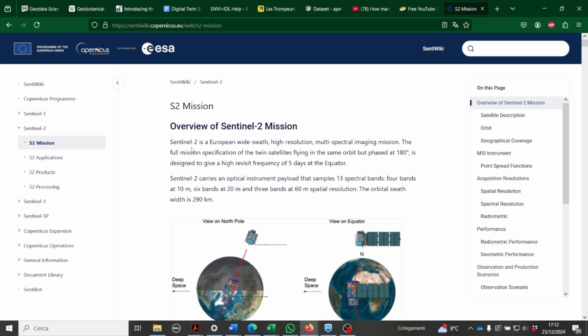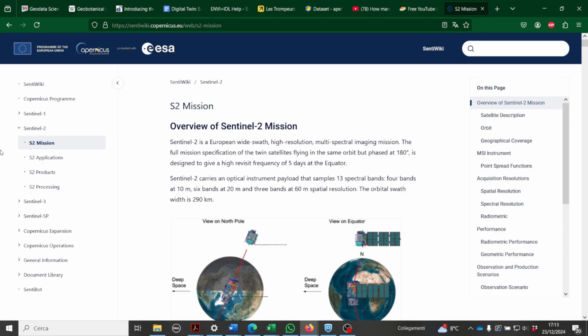And you see here we are going to the Sentinel-2 mission. I will just give you a very brief description, just highlighting what is very interesting for us, especially the spectral resolution and the characteristics of the sensor.